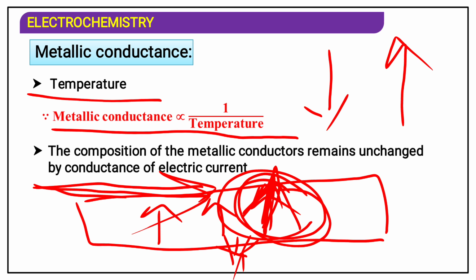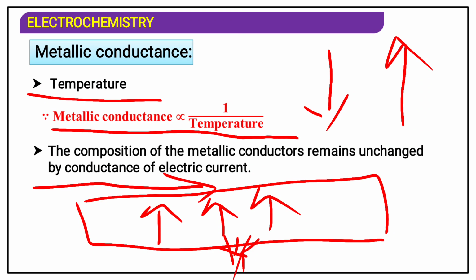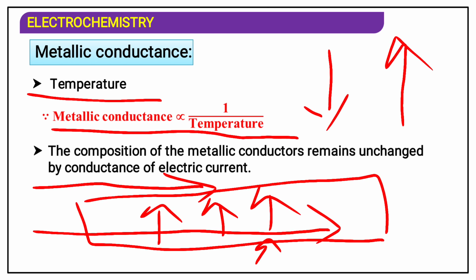See, as another electron is flowing in this direction, due to the increasing of temperature, this electron's vibrations increase, then automatically it creates some disturbance to the flowing of this electron, the movement of this electron, then automatically the conductivity decreases. That's why metallic conductance is inversely proportional to temperature.